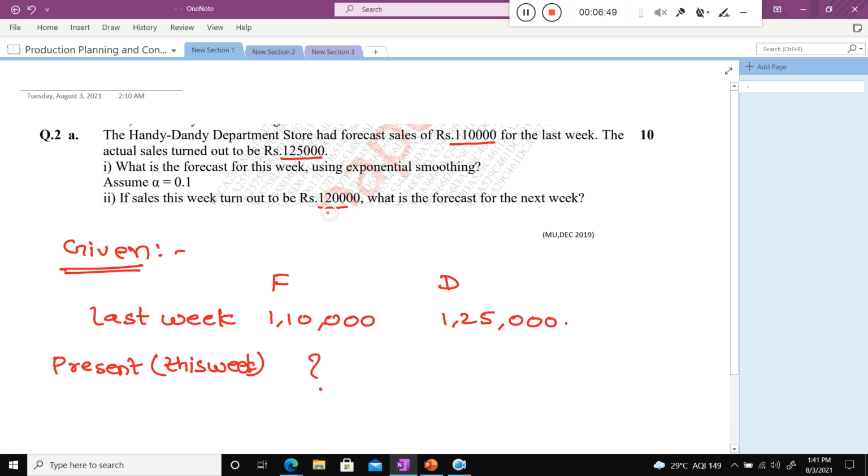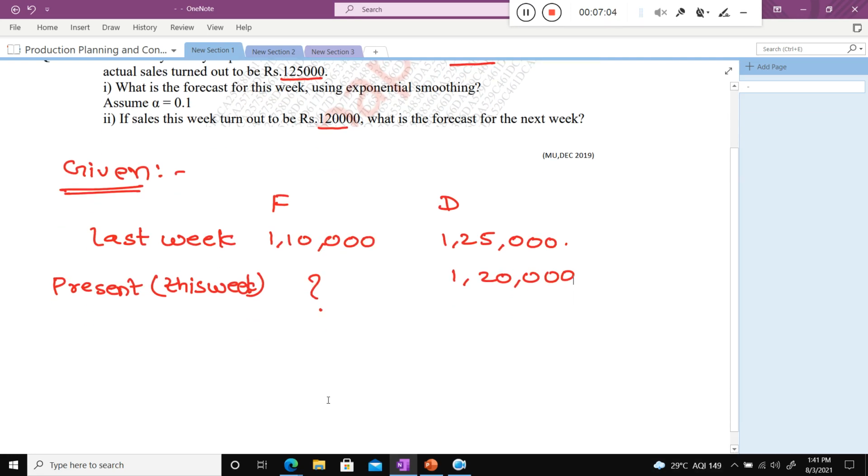That is the given data, that is 1,20,000, so I put it here. Next, sub question 2 is asking about the next week forecasting. This one is related to sub question 1, and this one is related to sub question 2. So this is the given data.